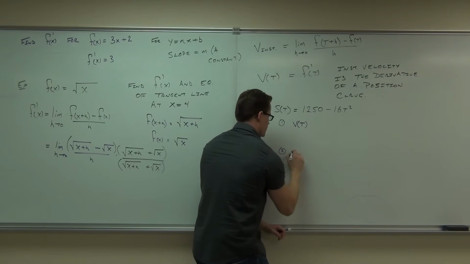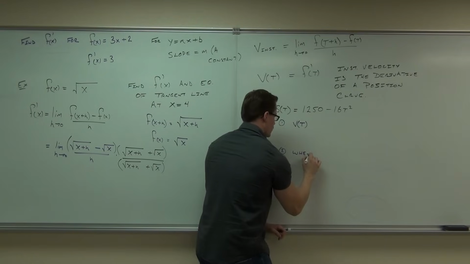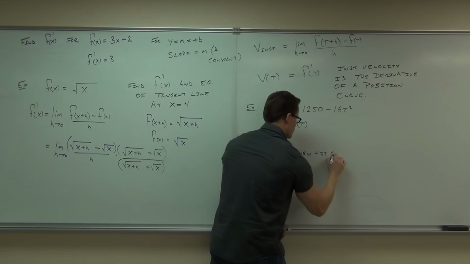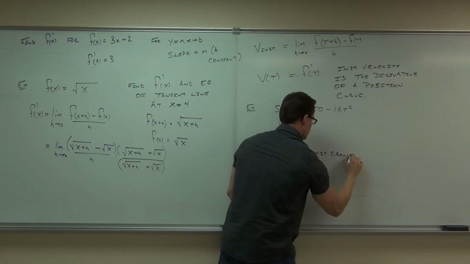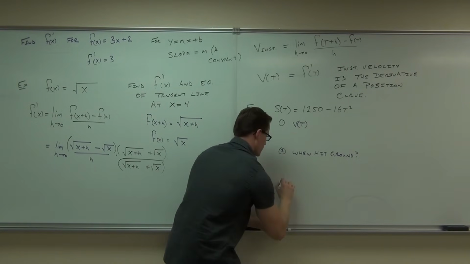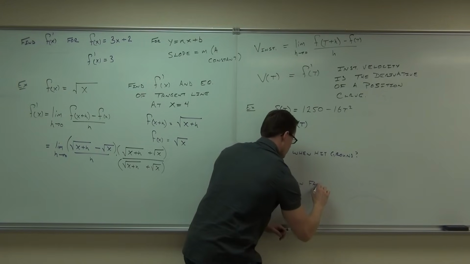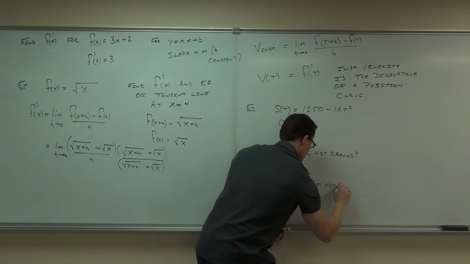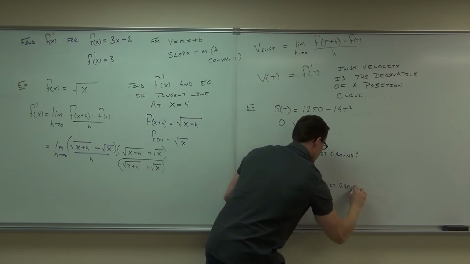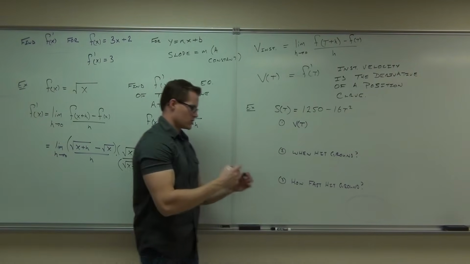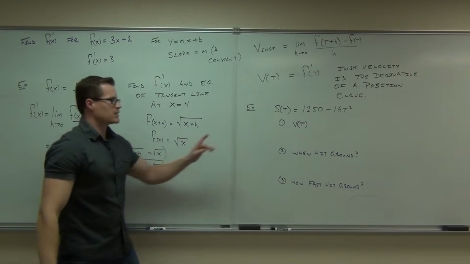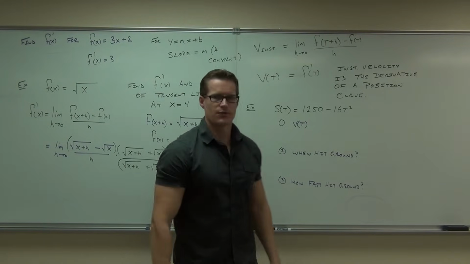Second part, when does it hit the ground? Third part, how fast is it going when it hits the ground? That's our questions. Can you please tell me how you're going to find the velocity of that position curve?